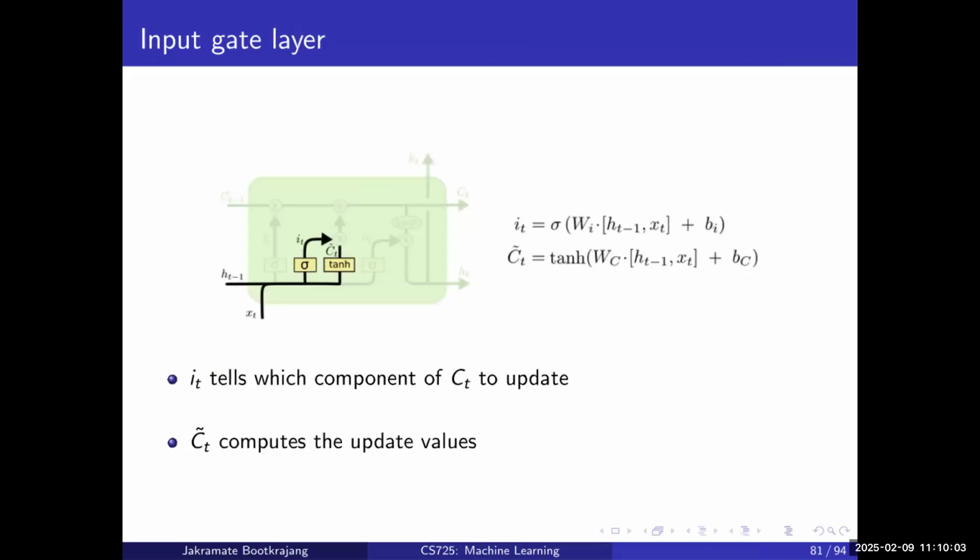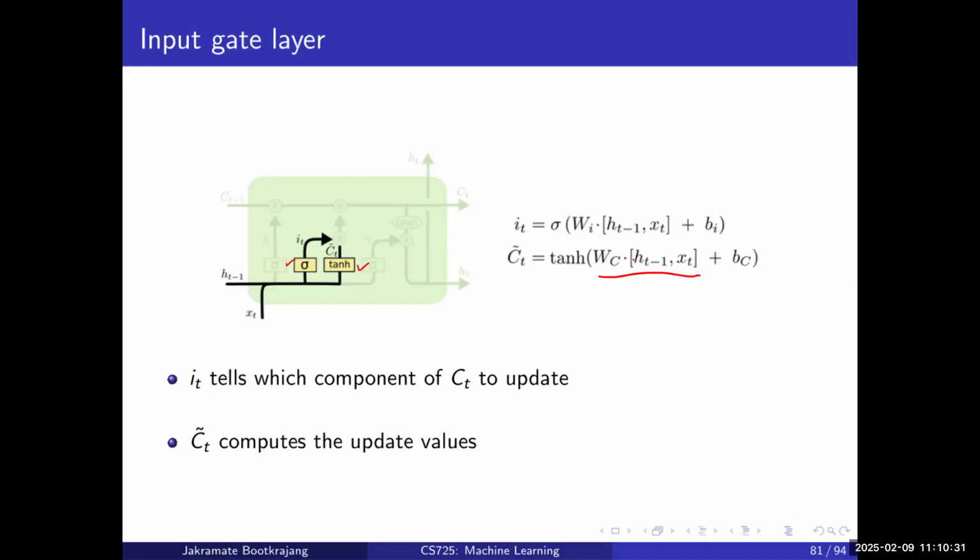And then we have the input gate. So for the input gate, basically you do the weighted sum. This weight will be different from the forgetting gate. So once you do the weighted sum, you have the sigmoid function and the hyperbolic tan function, and you combine them, right?